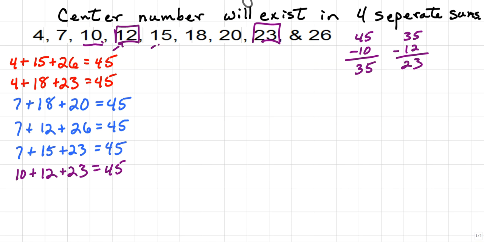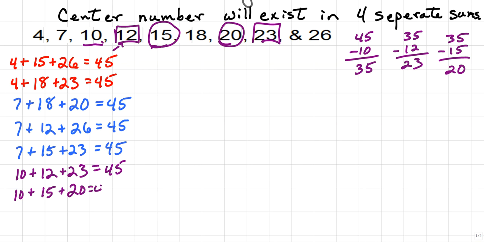So now we'll move to 15, and we'll try 35 minus 15, and that yields 20. Well, that's another triple. And so we have 10 plus 15 plus 20 is equal to 45. Now, let's just try 18 to see if we get 26. 35 minus 18 will give us 17, and we know that that one doesn't work.